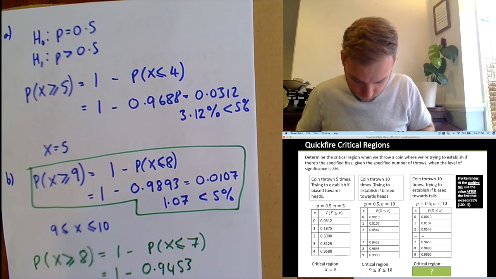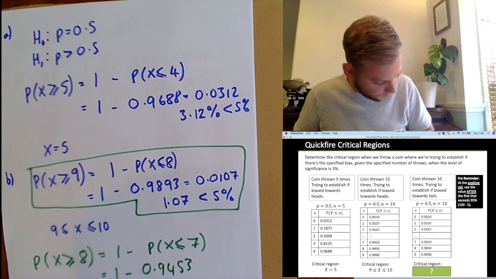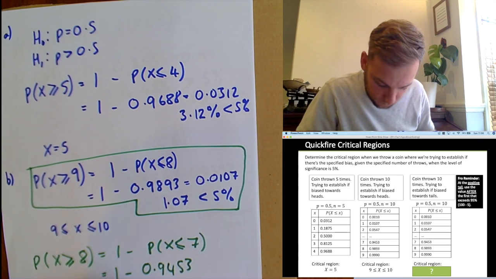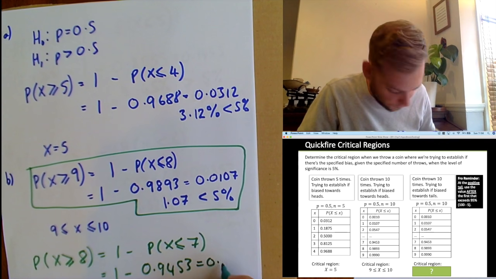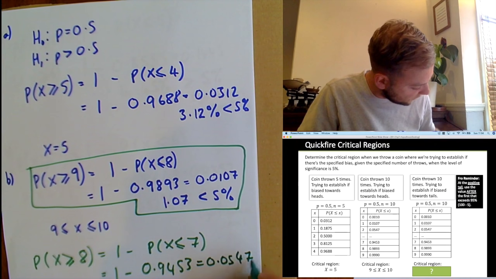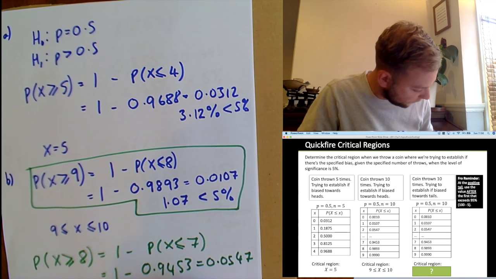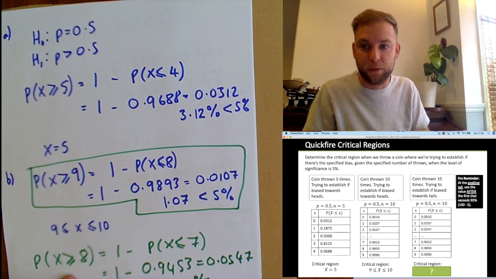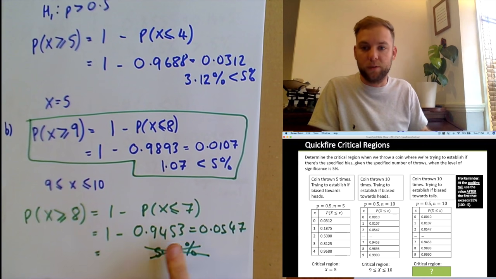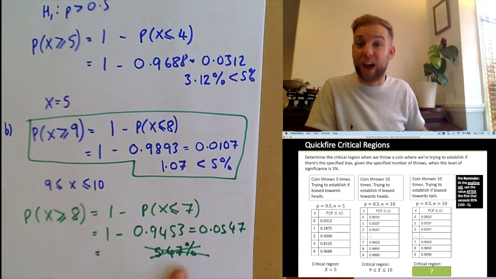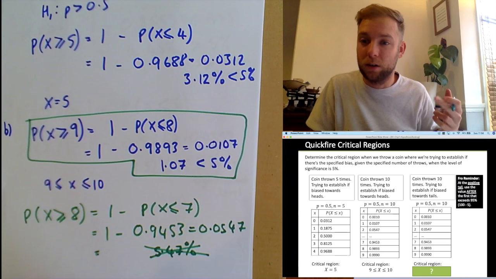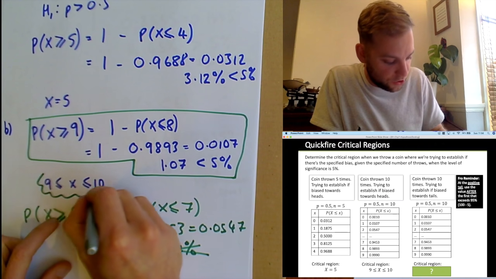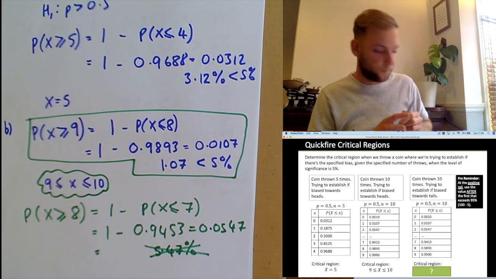So 1 minus 0.9453 is equal to 0.0547. So it's actually 5.47%, which is greater than the significance level. So it can't be 8 and above, because the probability of that happening is bigger than what I want. So our critical region for this is this one here. Okay, I just showed you that as a little side note.